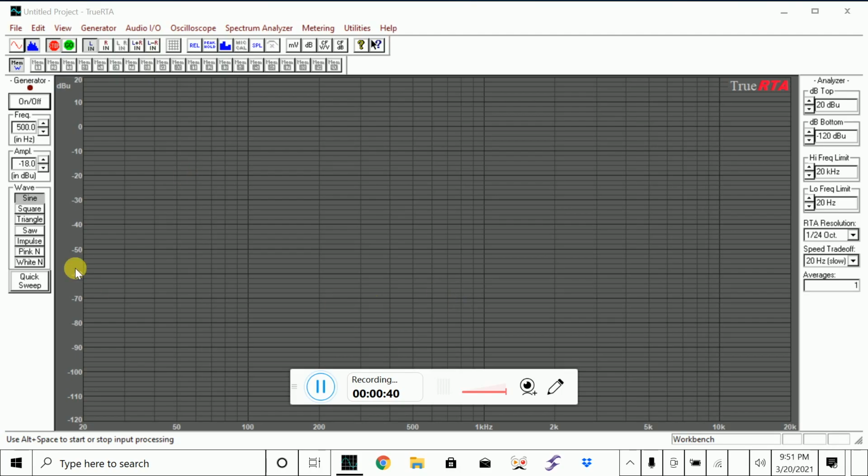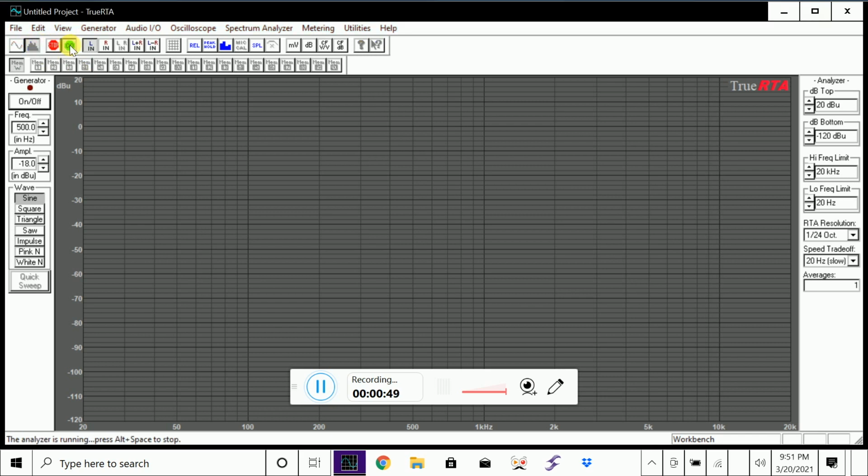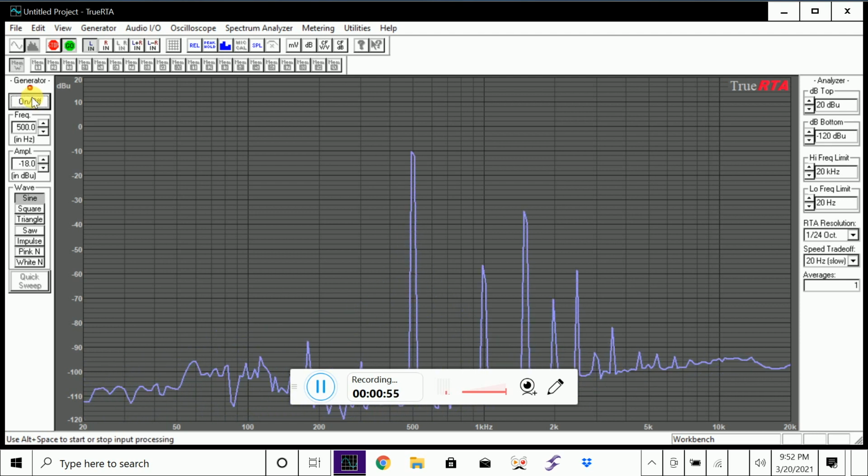And what we're going to do first is I want to take a look at what happens when we send a signal into a power amp. So we're sending a 500 hertz signal in here at minus 18 dB, which is about instrument level.